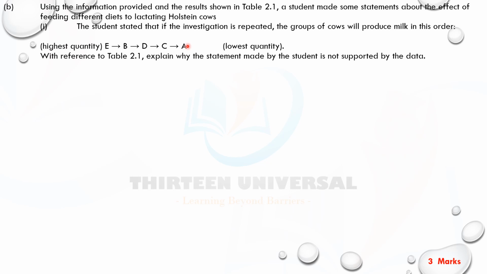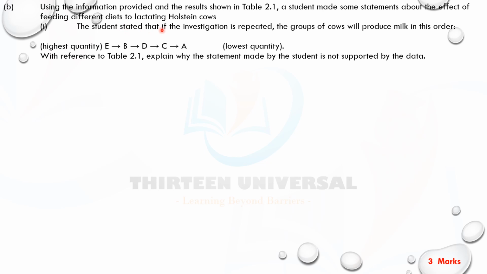With reference to table 2.1, explain why the statement made by the student is not supported by the data. We have already mentioned why it is not supported. We should give evidence that does not support this statement.